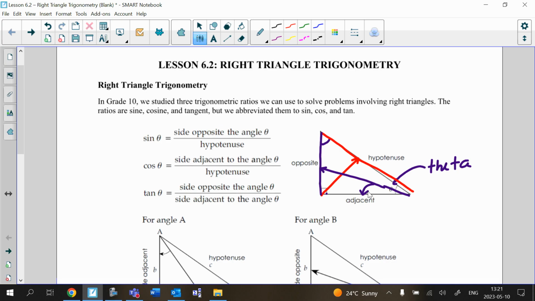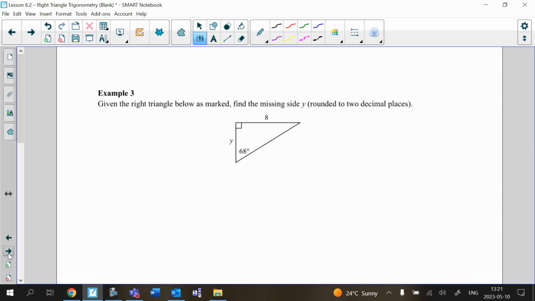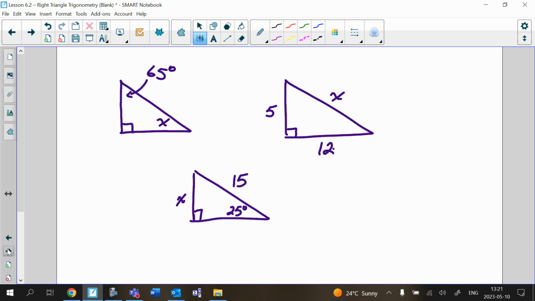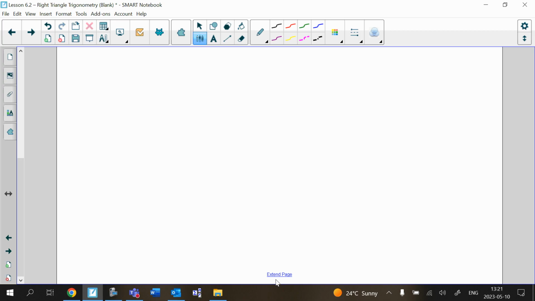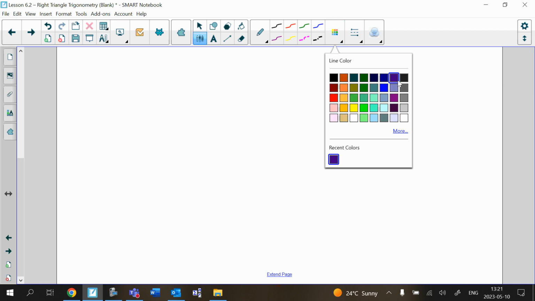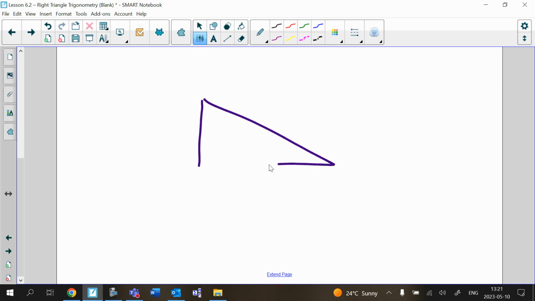Okay? So if I said, what side length is opposite C? 7.